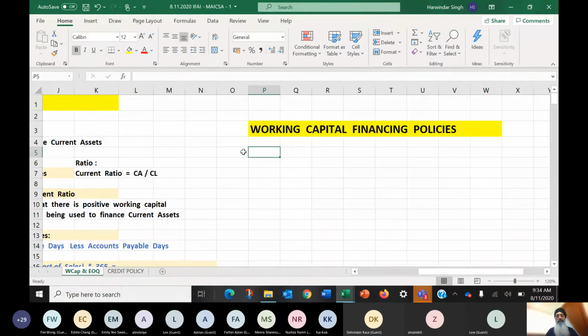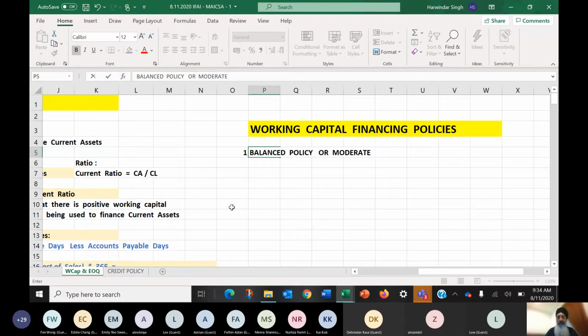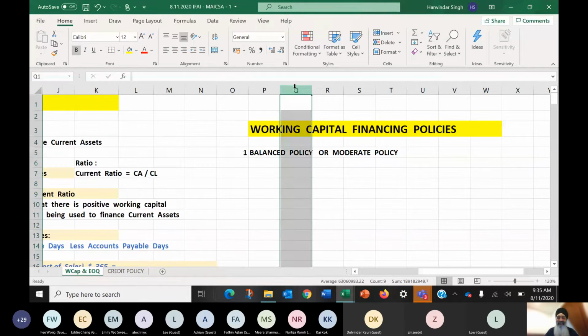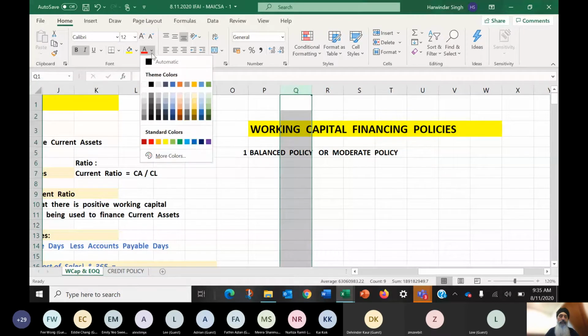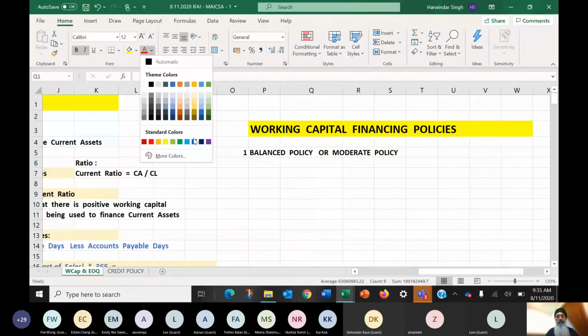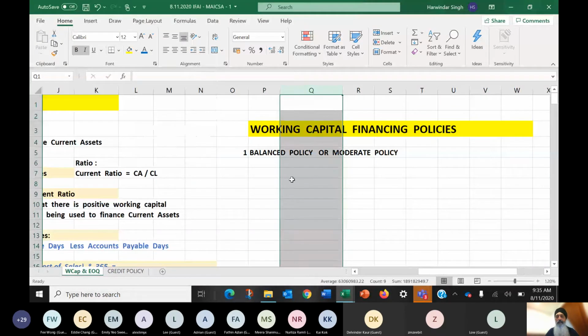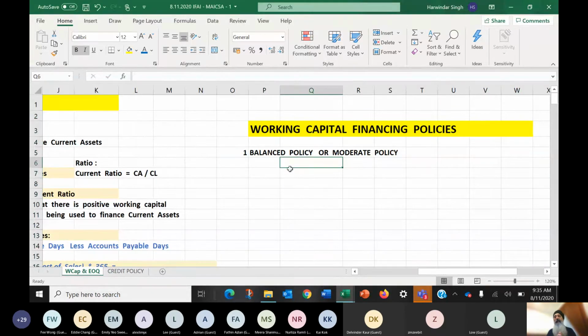First policy you said is a balanced policy, also sometimes called moderate policy. Moderate, middle of the road, neither Democrat nor Republican. Let us say we have a balanced policy or moderate policy.